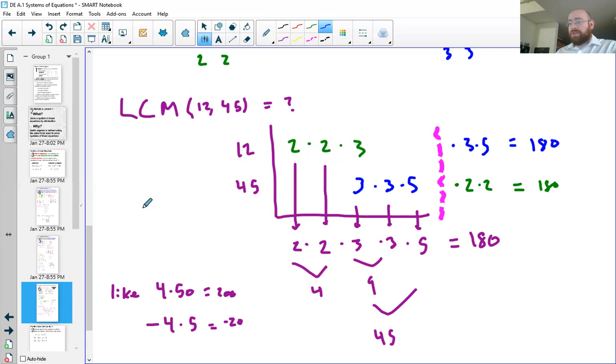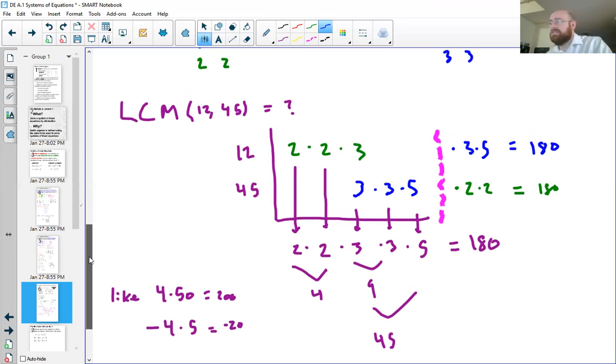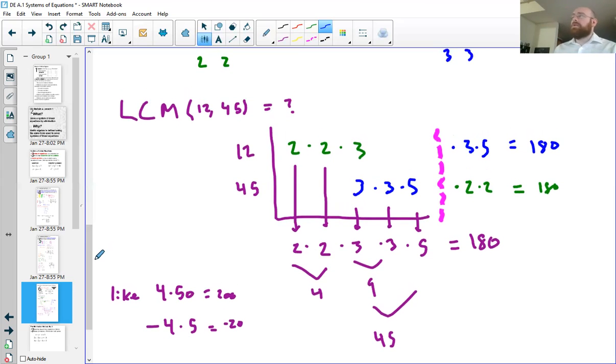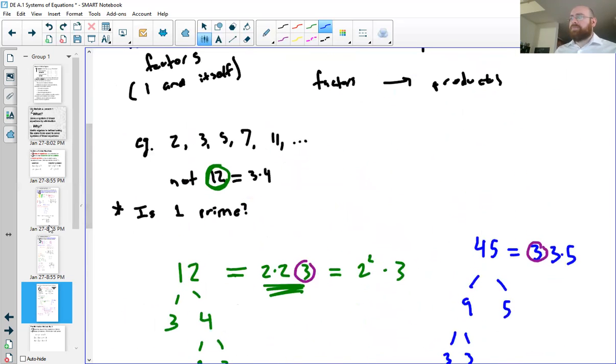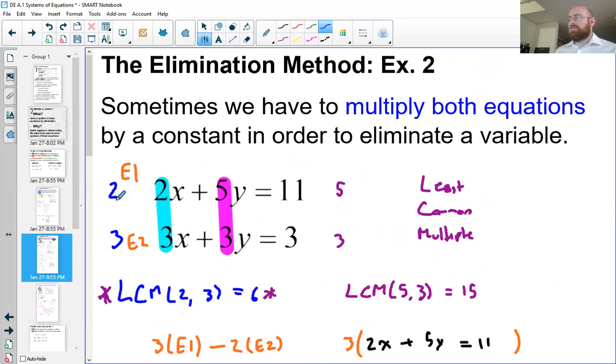That's a fantastic question that I'm going to leave to you as an exercise. Point being, moral of the story, if you can find the least common multiple of 2 numbers, you are equipped to use that to solve systems of equations when one coefficient is not a multiple of the other.